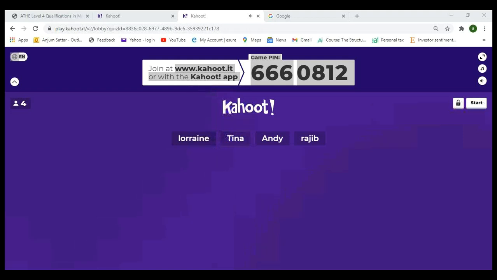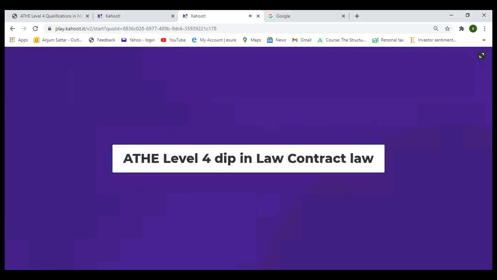You will see the question in this window, and you have to click on the other window where 4 boxes show 4 colors. You have to pick the right color for the answer. The quicker you answer the question, the higher points you get. Anyway, we'll play with it and we'll see.